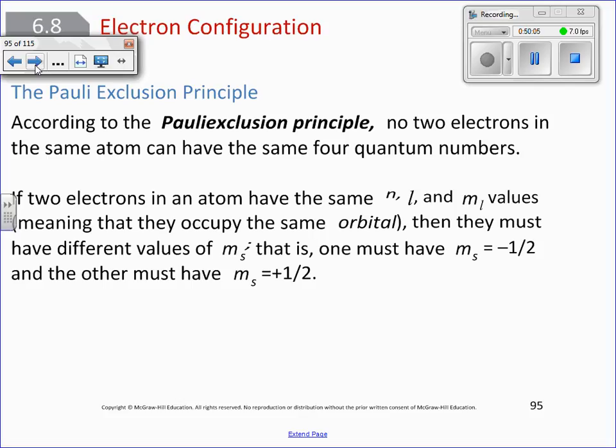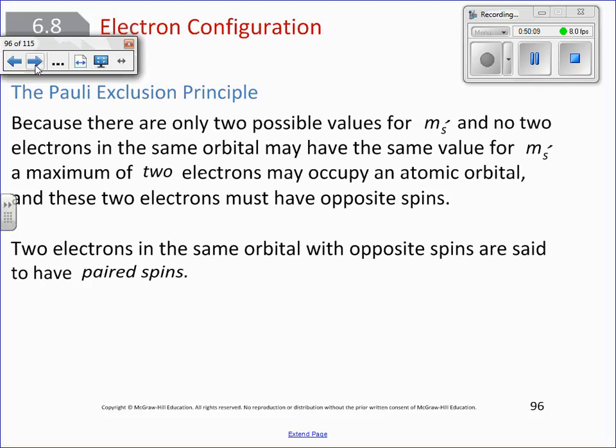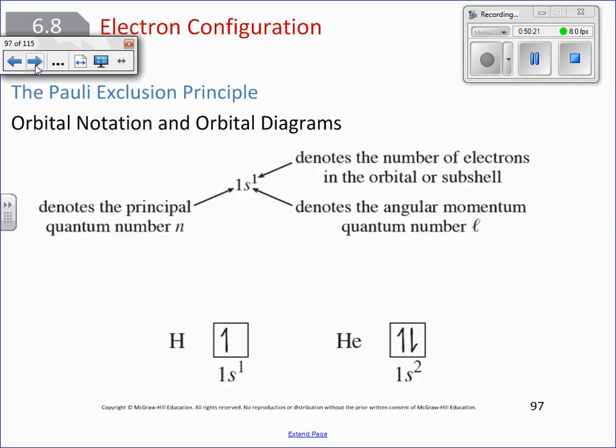So if you have two electrons in the same orbital, they have to be different spins, +1/2 and -1/2. So I can put two electrons in an orbital.